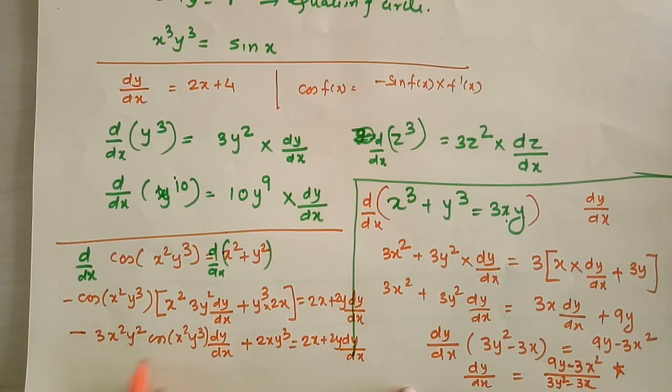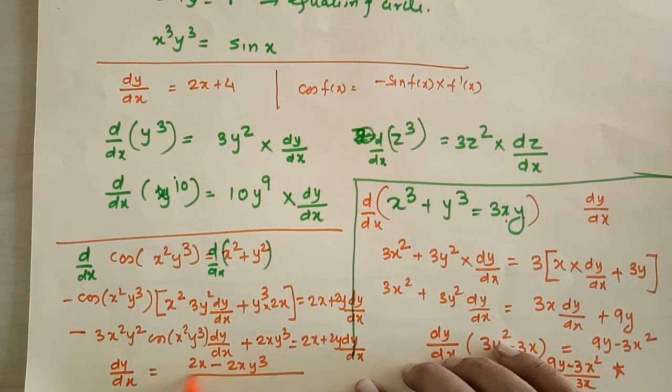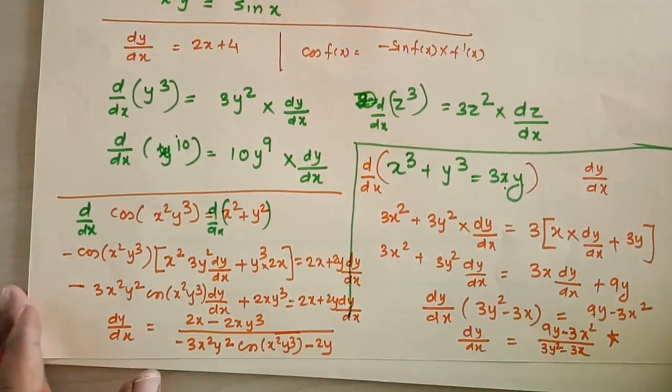Now if you collect everything on one side and take dy by dx common, you're going to get dy by dx equals 2x minus 2xy cube over negative 3x squared y squared sine of x squared y cube minus 2y, because if you take common, that's what you're going to get.